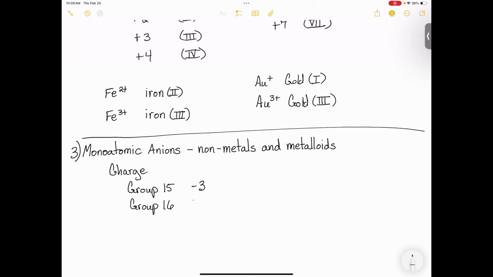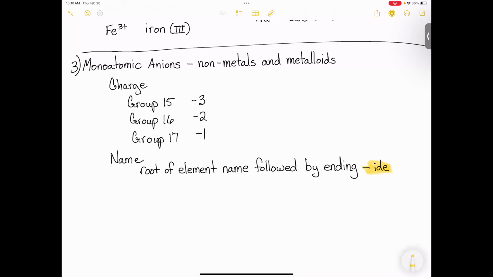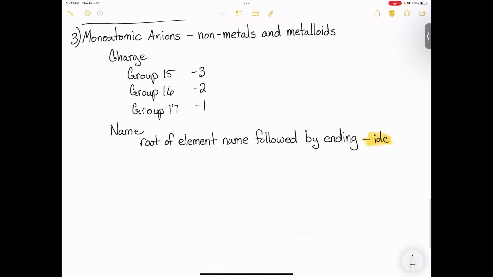You're going to hear me emphasize this -ide because anytime, with very few exceptions, it ends in -ide, it means that it is an anion of an element.